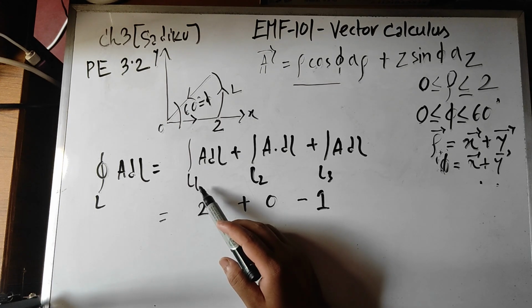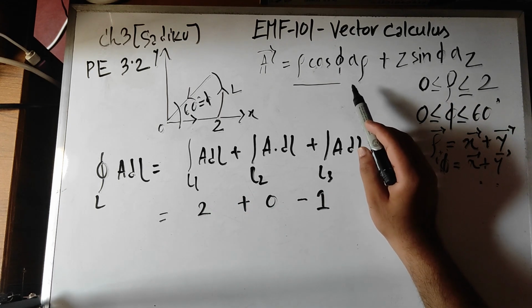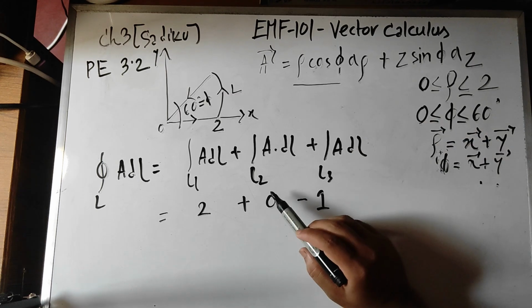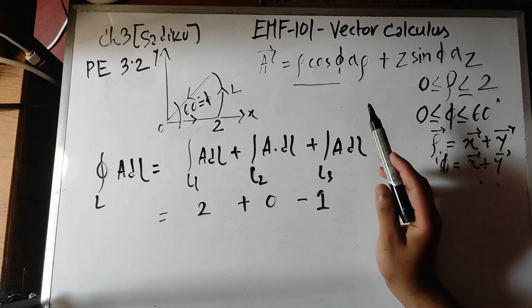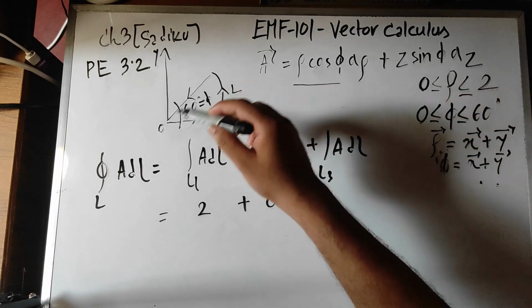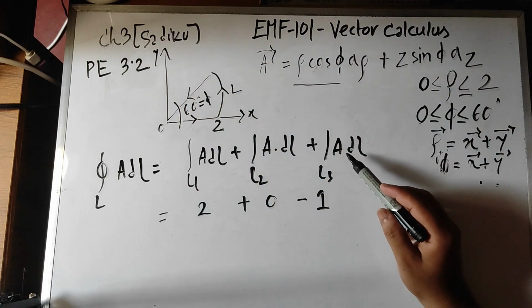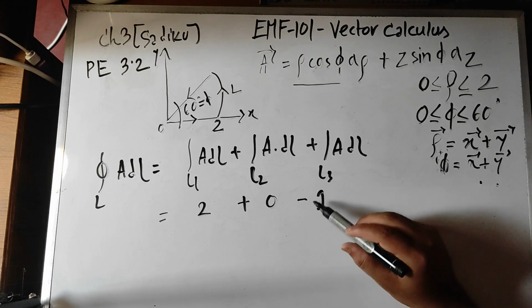Along L1, the vector had the value 2 after integration, and along L2 the vector had no tangential component, thus no value, and along path L3, the vector A gave us the value -1 after integration.